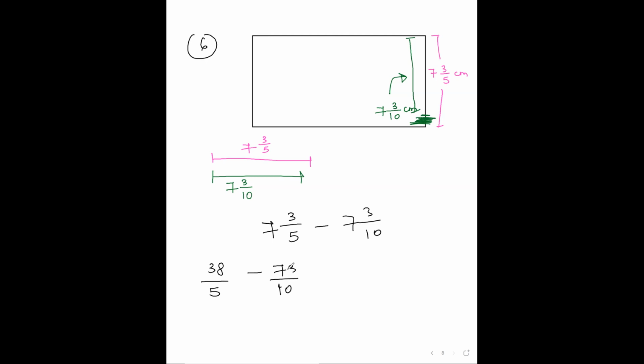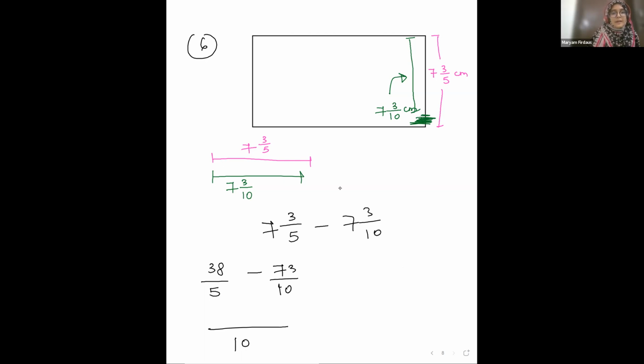Fine. Then we will find the LCM. What is the LCM? Without finding it, just tell me verbally. Look at 5 and 10 and tell me. 10. Very good. The LCM is 10.